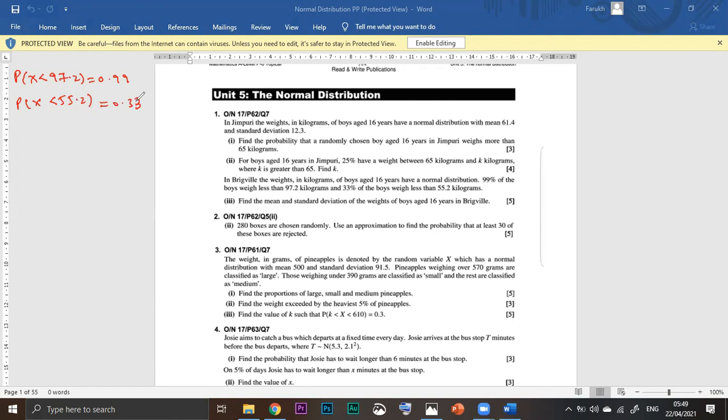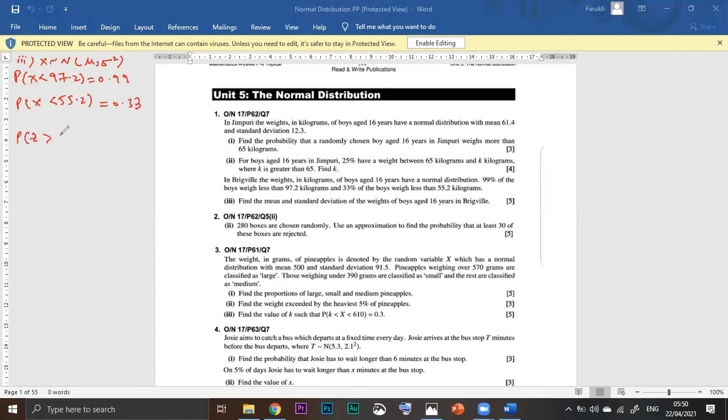Now we have these two equations. We want to find out the values of mean and the standard deviation. Part number 3. X is a normal distribution, mean is not given, and variance is also not given. Mu and variance are the parameters of the normal distribution. Now, consider the first equation. First of all, we will convert it into z.